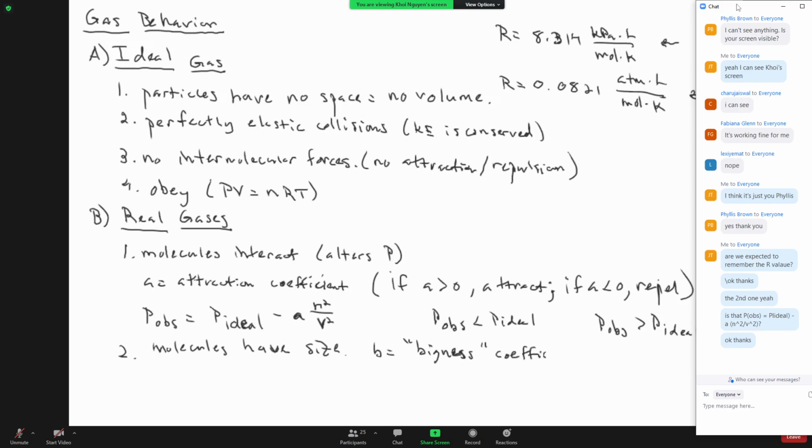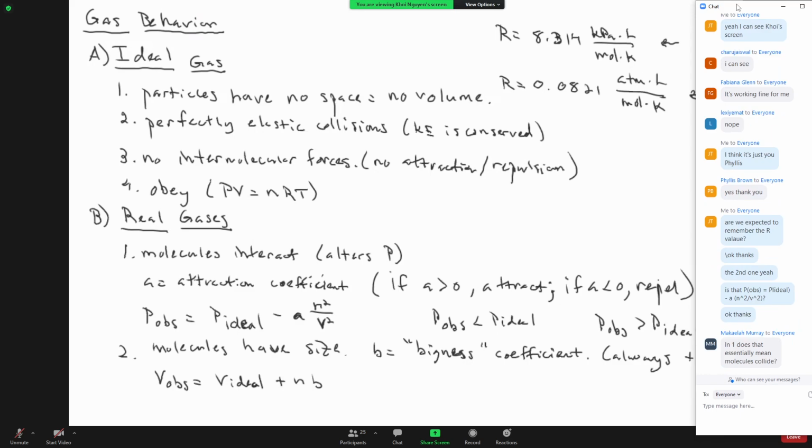And it's always positive. This term is always positive. So volume observed is equal to volume ideal, which was no volume really, the minimum, plus the number of moles times that bigness coefficient.